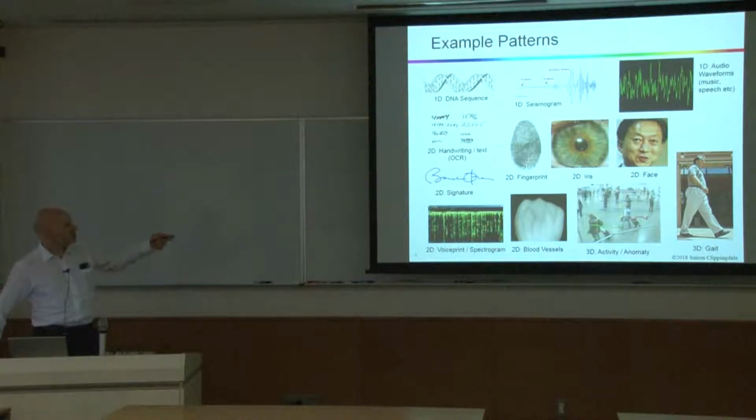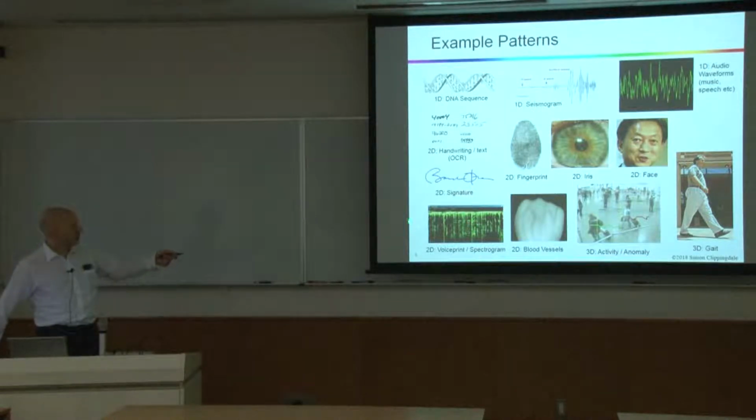Here are some 2-dimensional patterns. Handwriting treated as images. Fingerprints, iris, and face. These are all very important for biometrics and authenticating whether people are who they say they are for security purposes.